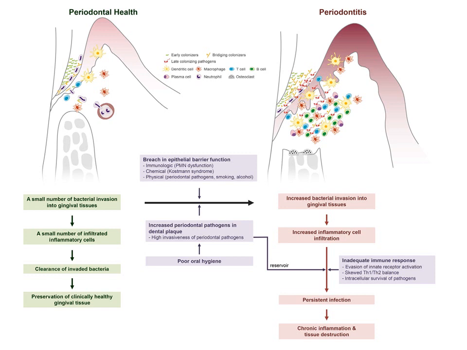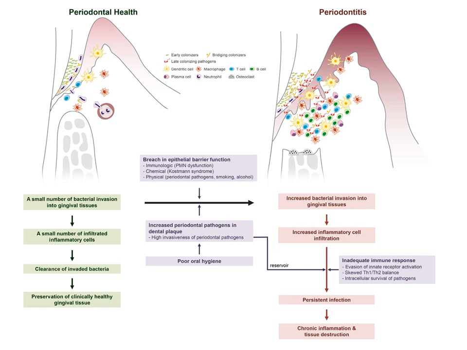This will increase the pathogens in the dental plaque. Poor oral hygiene can increase the bacterial invasion in the periodontal area and cause periodontitis, with increased inflammatory infiltration and an inadequate immune response of the patient.